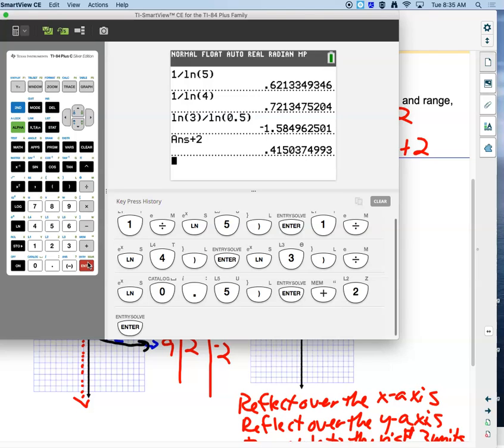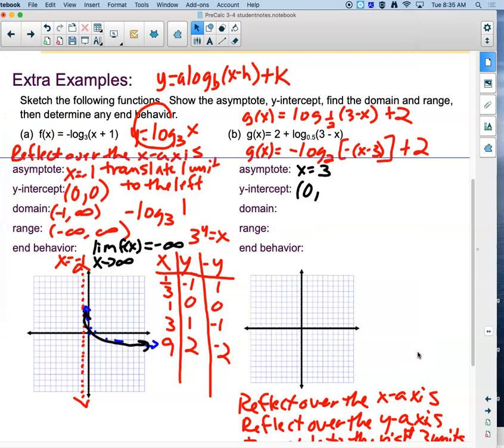So 0.415 to 3 decimal places. Remember, that's not going to be in our original shape graph. That's actually the y-intercept of the final answer.